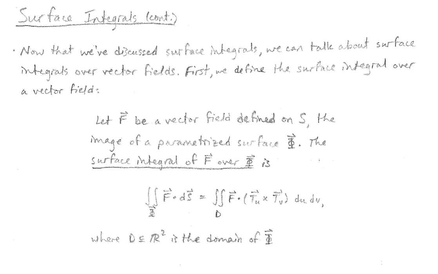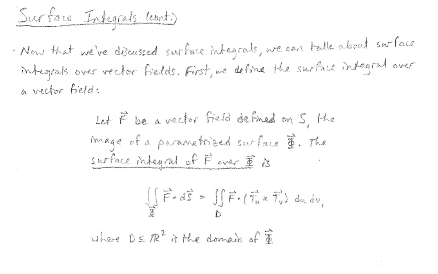capital S. So as we would think, if we're going to talk about the integral of a vector field over a surface, we need a vector field, which we'll call capital F hat, and then we need some 3D surface capital S. This surface S can be parameterized by capital phi hat.